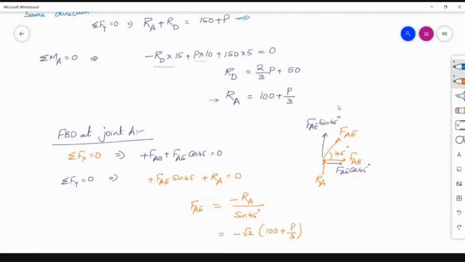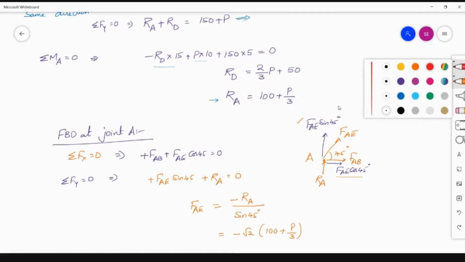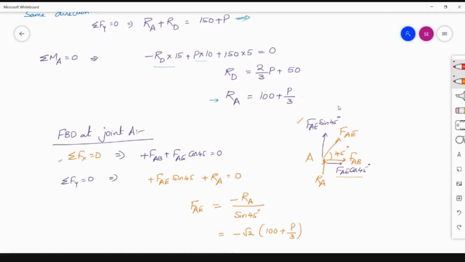Here joint A is available. At joint A, there are two forces: force in AE and force in AB. The inclined force AE is resolved along the horizontal axis, FAE cos 45, and the vertical, FAE sin 45. Consider sigma Fx equal to 0 and sigma Fy equal to 0.